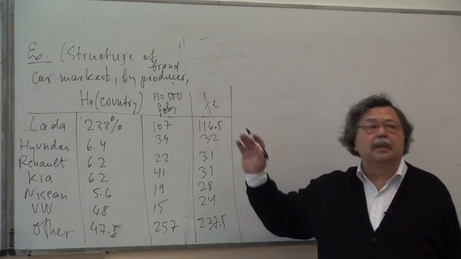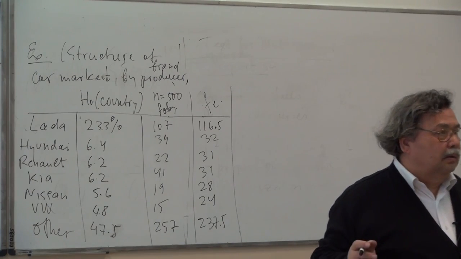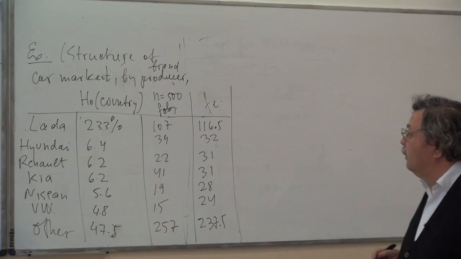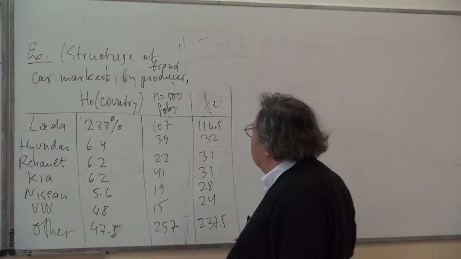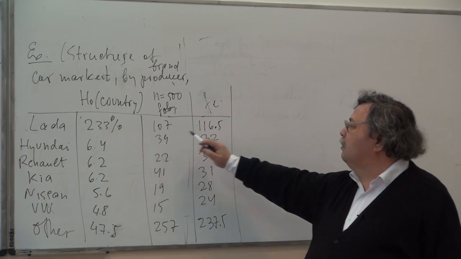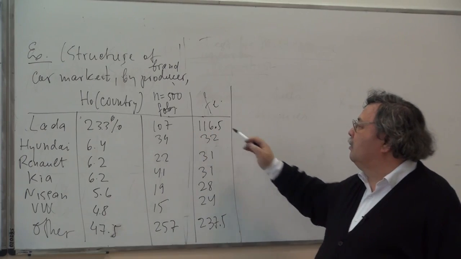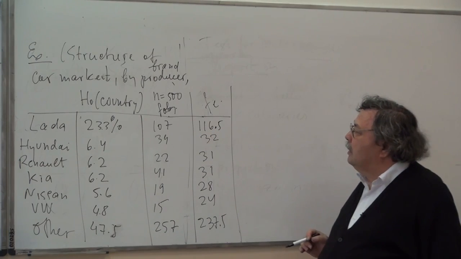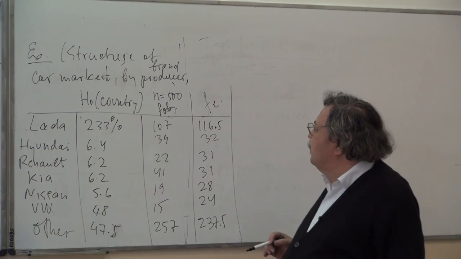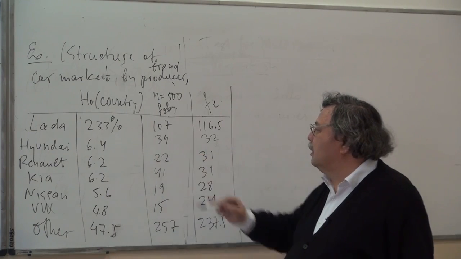So two comments are due here. First, the expected frequencies don't have to be integer numbers, and generally they are not. Okay? And second, as you can see, for some positions, the expected frequency is a larger number. For example, for the first brand, Lada, the expected frequency is a larger number, and for some of them it's a smaller number, 32 here, 39 here.